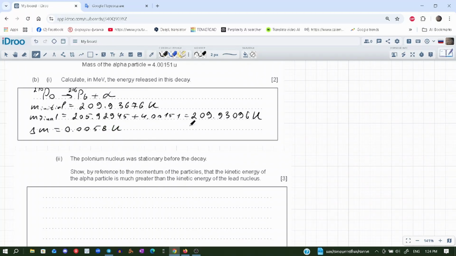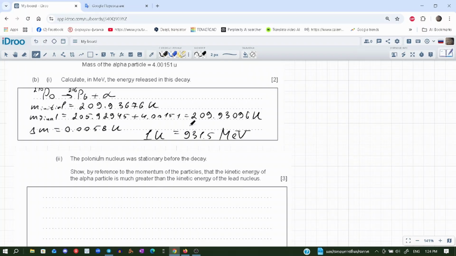And we know if we want to convert this mass defect into energy, we don't have to remember this, but you have to know that you always can find this. One atomic unit of mass is equivalent to 931.5 mega electron volts, and we will use it to convert this defect of mass into energy.